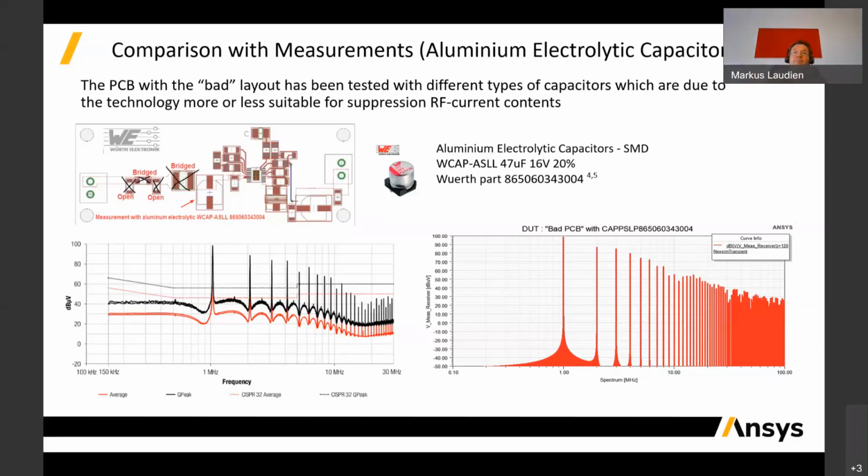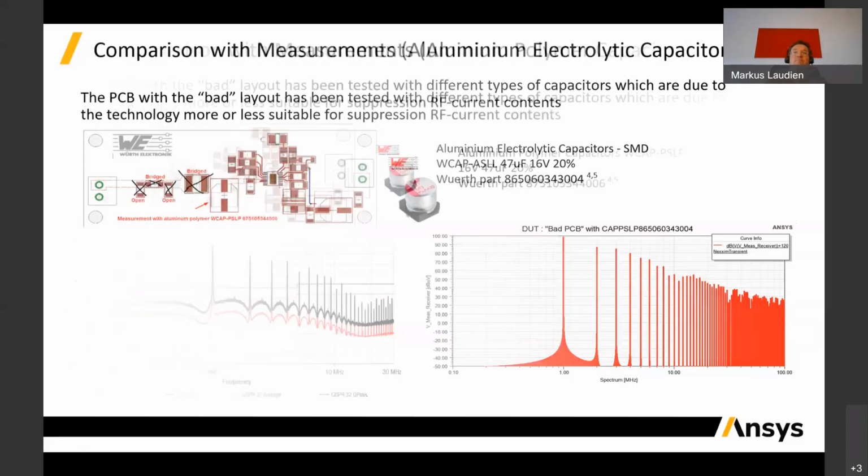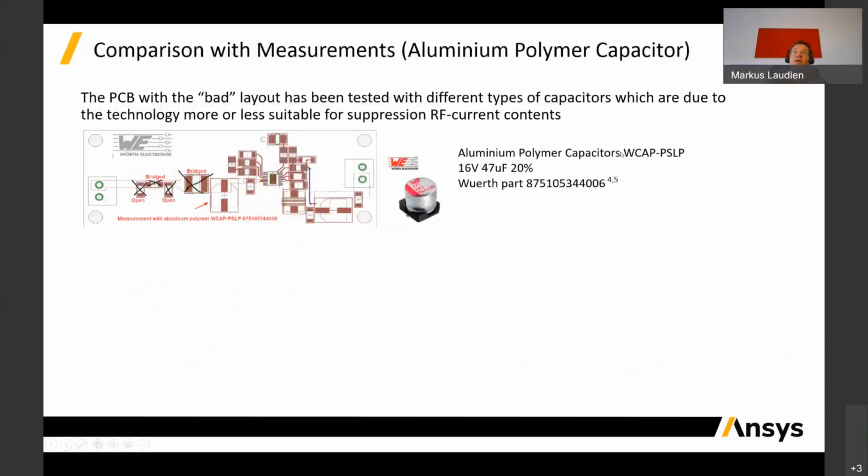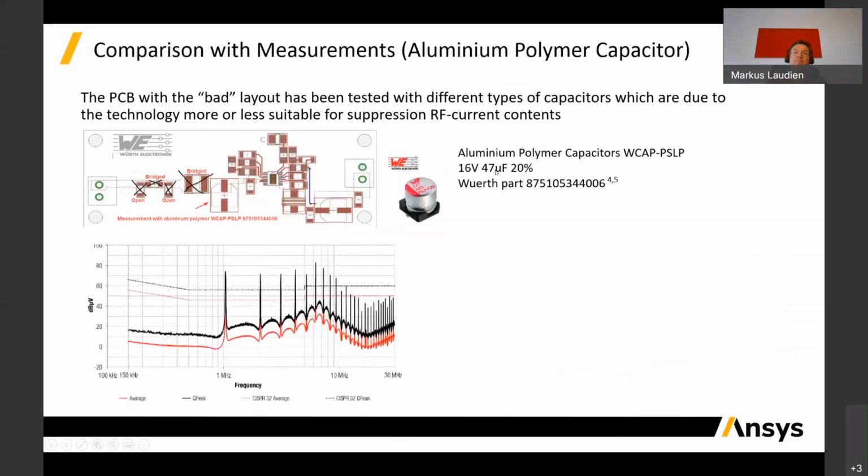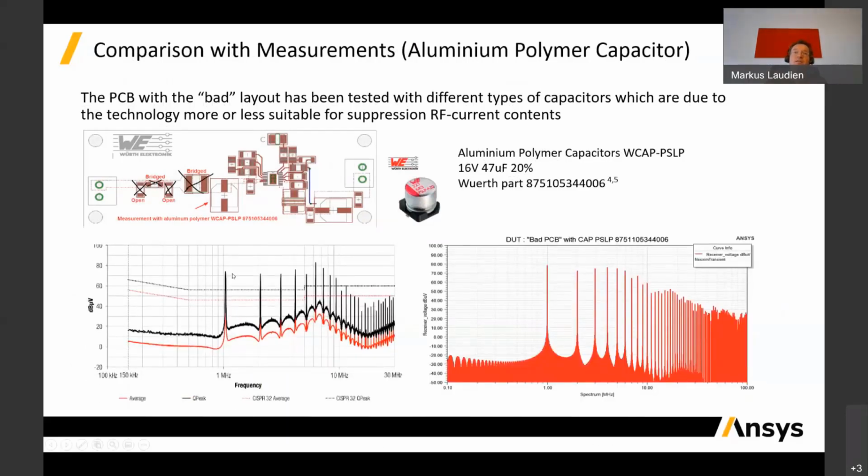If we now take a different capacitor, an aluminum polymer capacitor, also 47 microfarad, then we see that both in the simulation and the measurement the shape changes a bit, and the level is significantly less in that case.